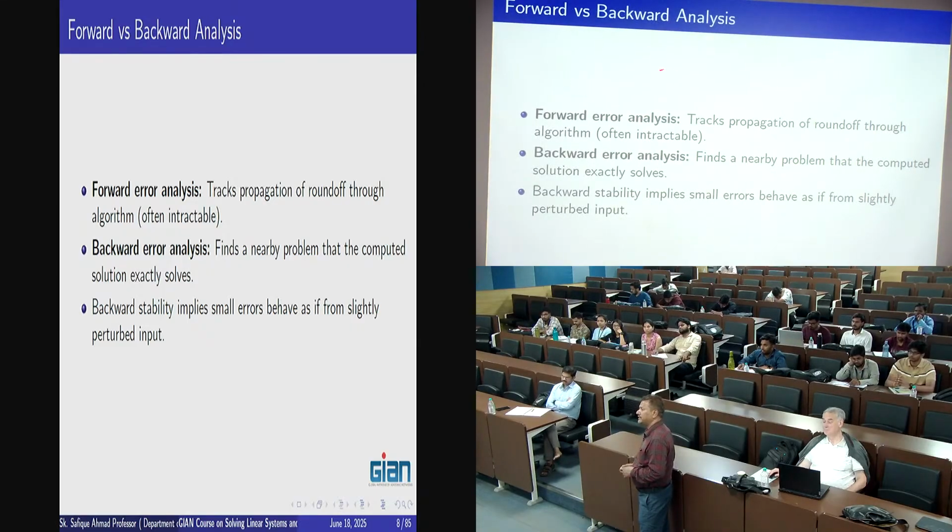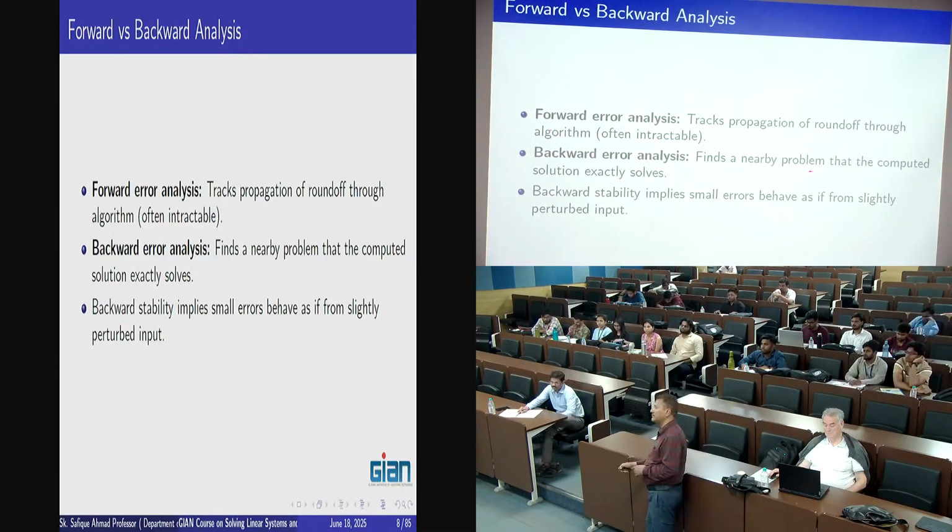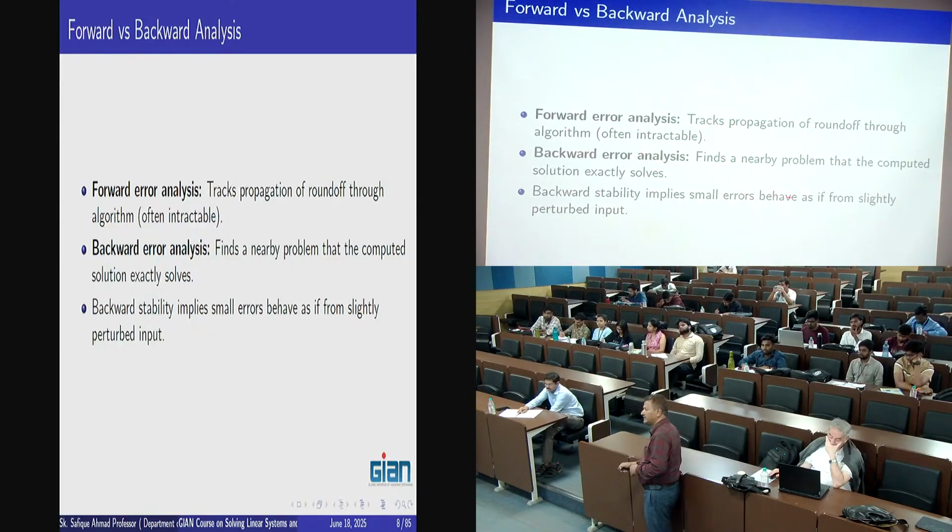And what is the forward error? Forward error analysis. The other one is called backward error analysis. More often you do backward analysis, showing that the computed solution exactly solves a slightly perturbed problem. The small errors behave as if from slightly perturbing the input, and you can say that this is backward stability.